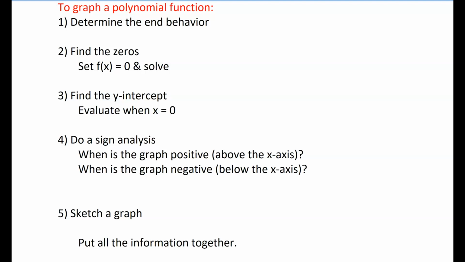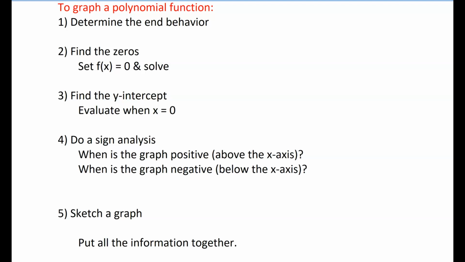We have done some of this when we were working with our absolute value inequalities and the quadratic inequalities. Remember when we're testing regions and we plug a value in to see if it fits. The sign analysis is very similar to that.